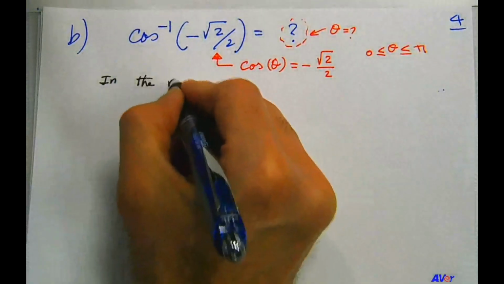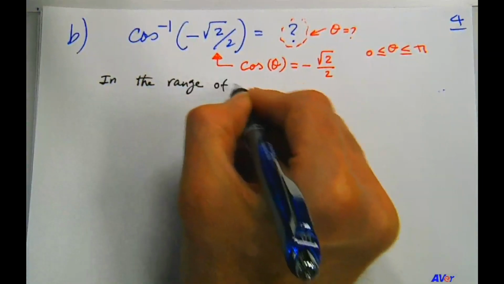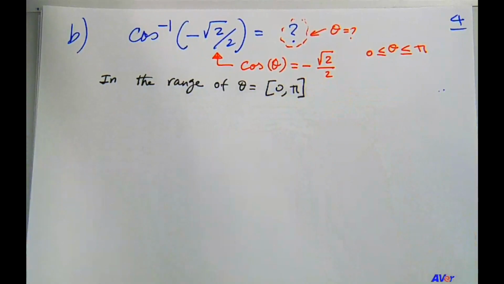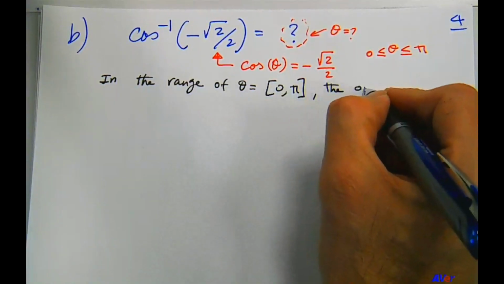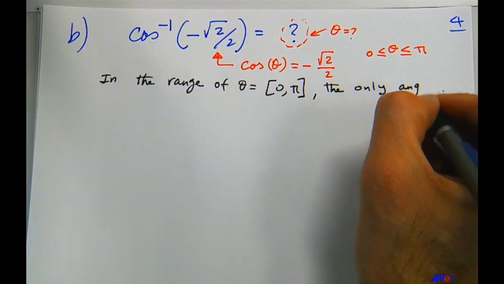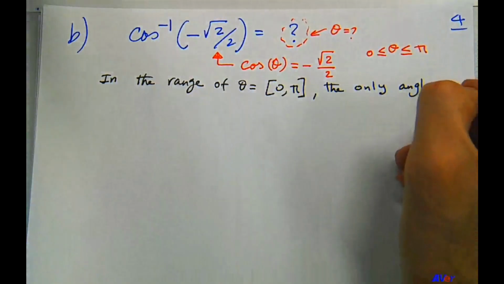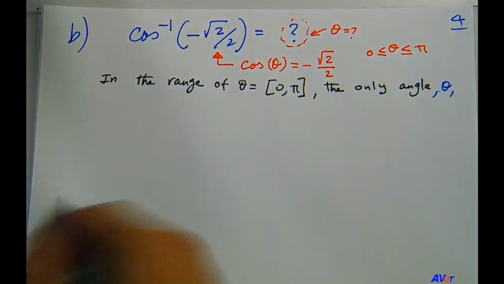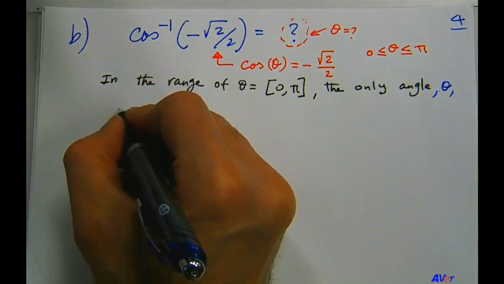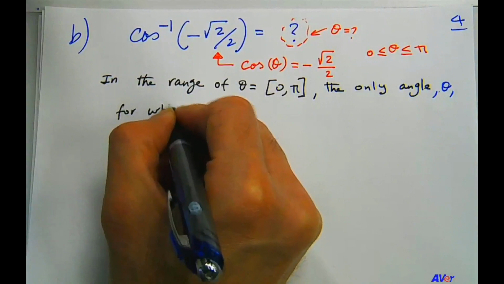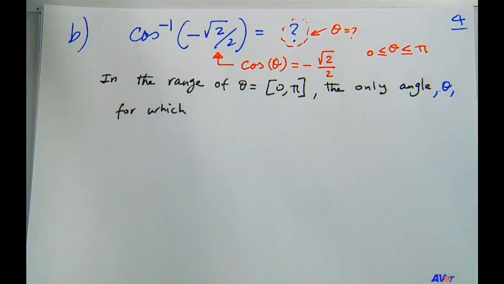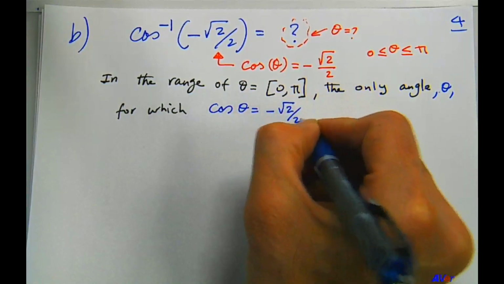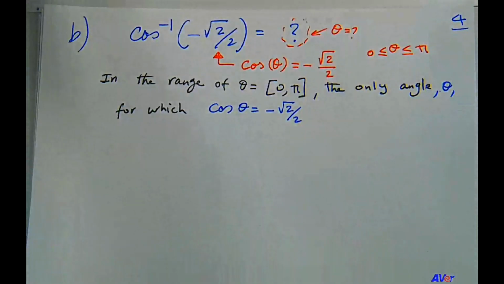So in the range of theta equaling bracket 0 to pi, close bracket, the only angle theta for which we can have cosine of theta equals minus square root of 2 over 2 is in quadrant 2, right?